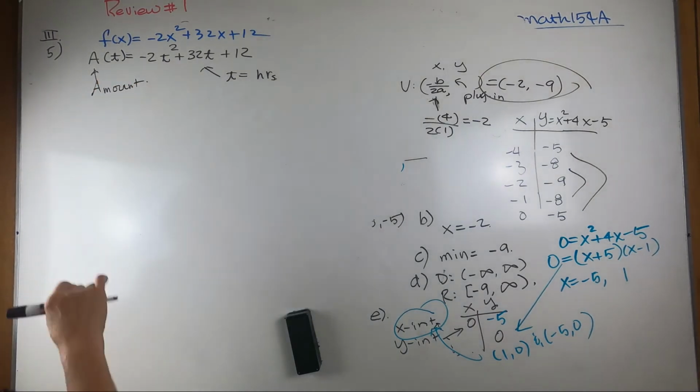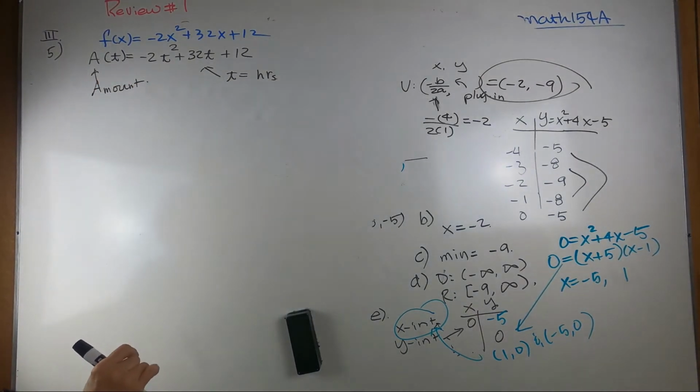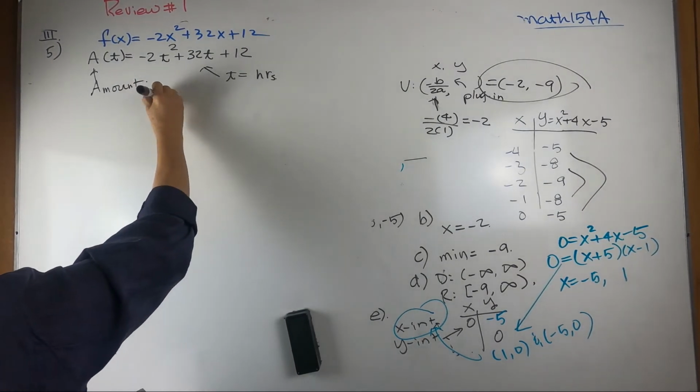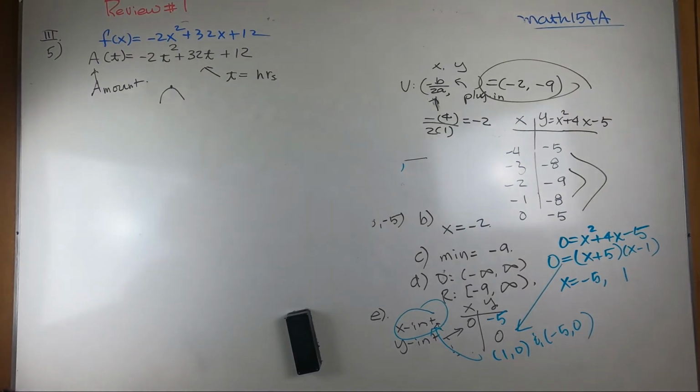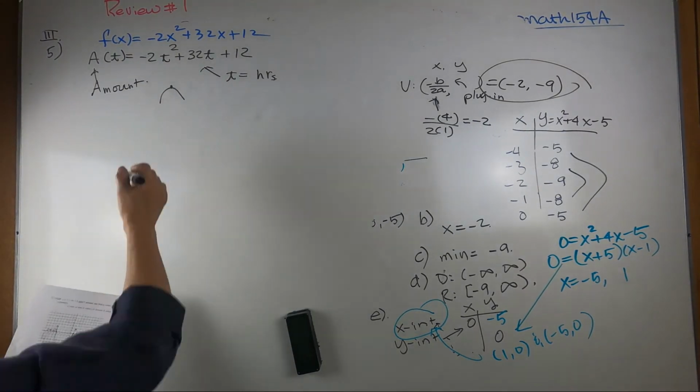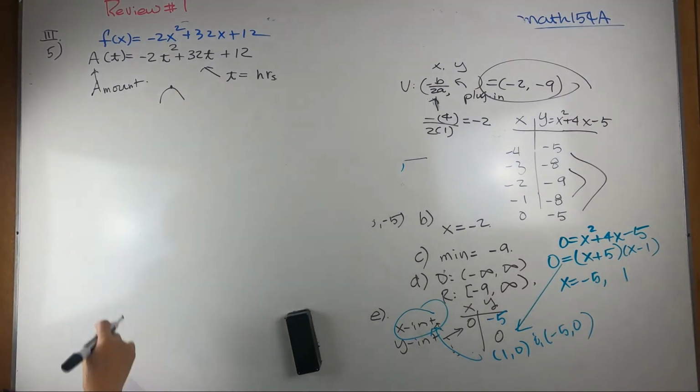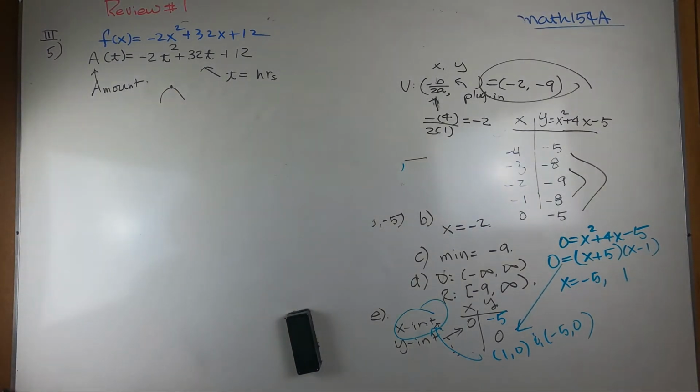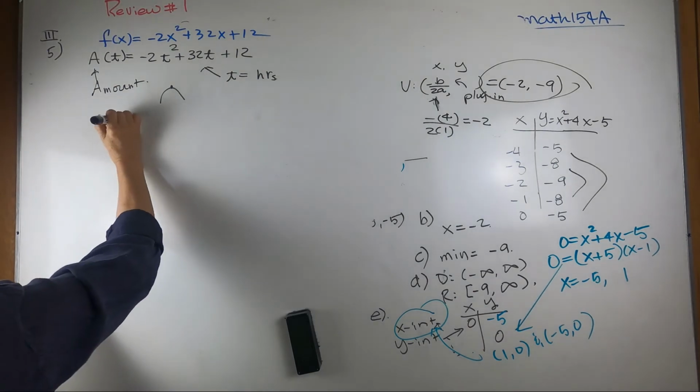The leading coefficient is negative, which means this curve opens up or opens down? Opens down, right? So you have a maximum. And where is your maximum? That must be your vertex. So we have to find the vertex.